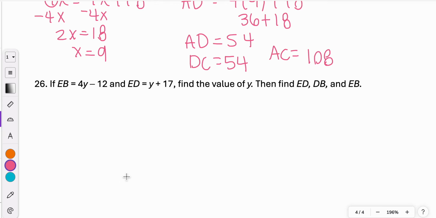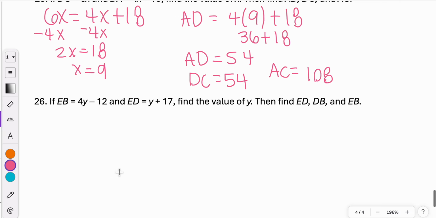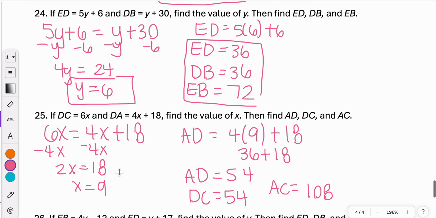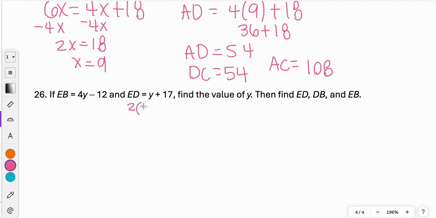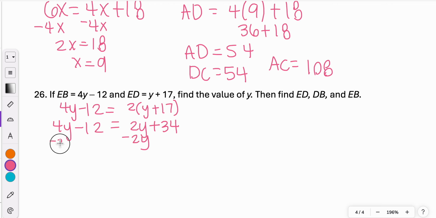And then our last question here, if EB is equal to 4y minus 12 and ED is y plus 17, find the value of y, then the rest of the segments. EB is that entire length, whereas ED is only half the length, so we're going to double ED to be equal to EB, which is 4y minus 12. So 2y plus 34 is equal to that 4y minus 12. Let's get our variables all to the same side. So I got 2y is equal to 46.